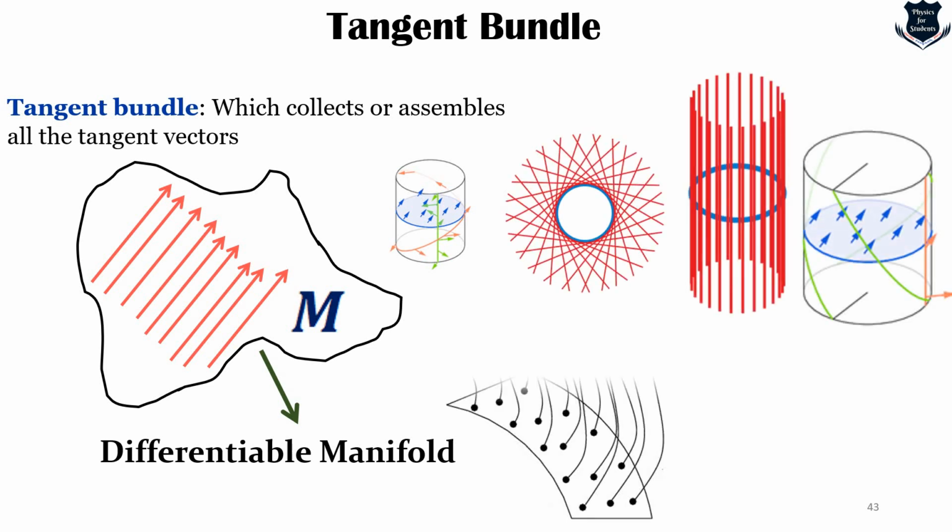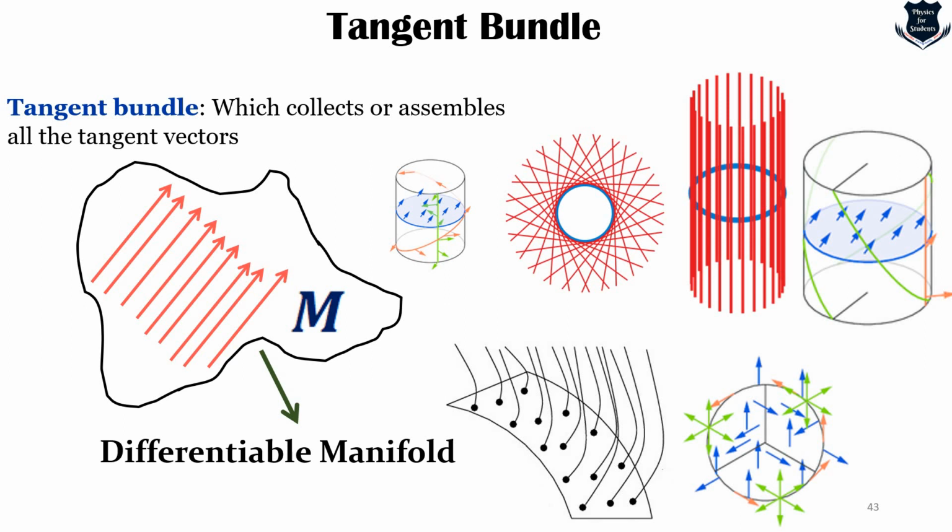A tangent bundle on a differentiable manifold is the one which collects or assembles all the tangent vectors. We also understood what a tangent vector is, and we can understand that all of these vectors assemble in a place which is called the tangent bundle.